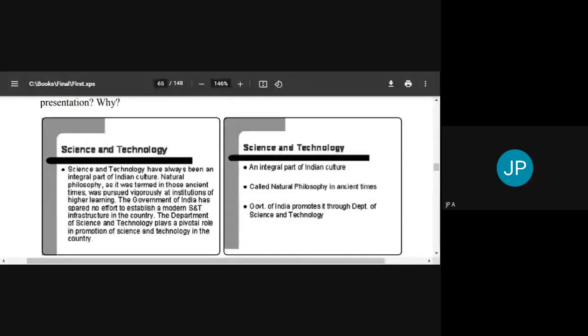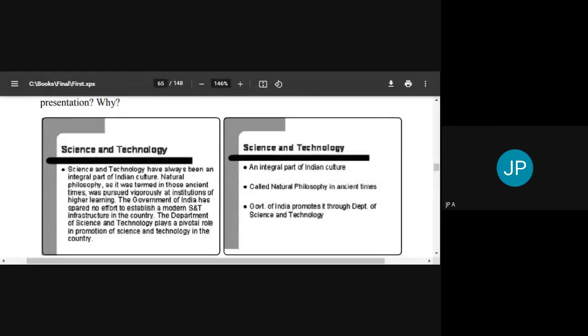But here we are not preparing a textbook, we are preparing a slide. And the format of a slide is that you write only points. You don't write paragraphs in a slide. Paragraphs should be completely avoided from the slide. Yes, it should be clear points. So if you look at the second slide, it has very clear points.